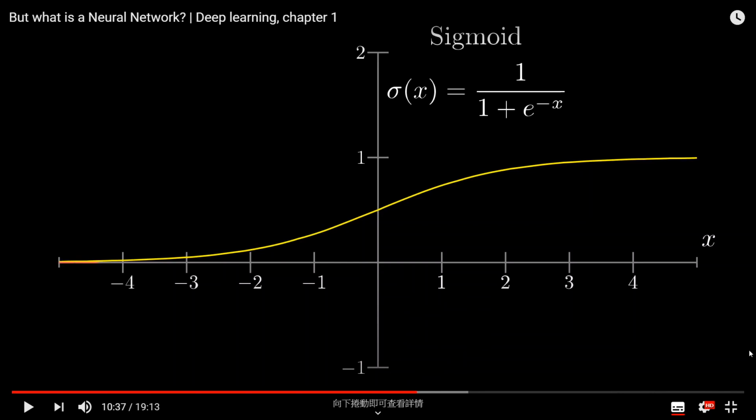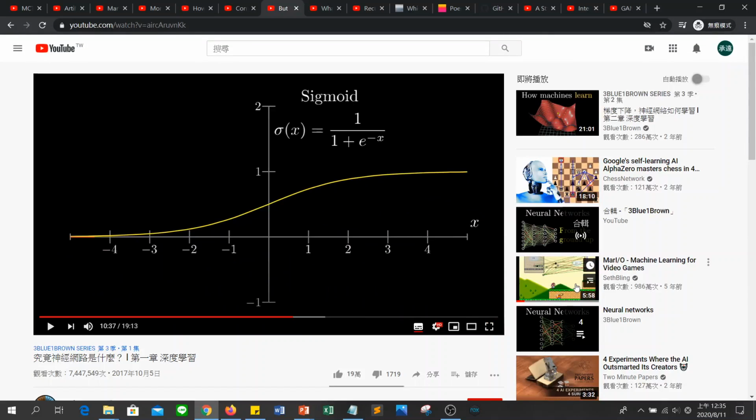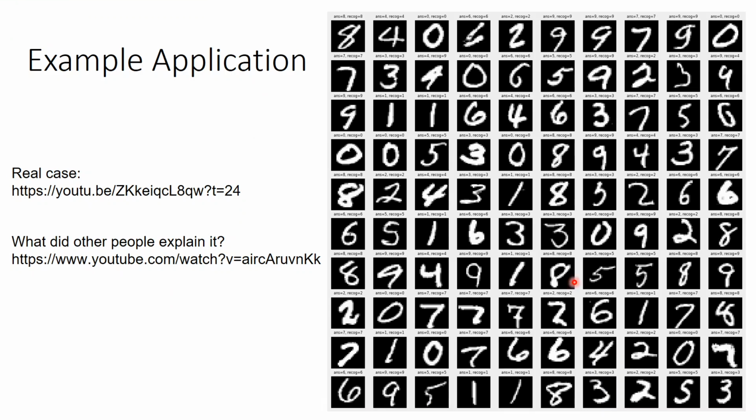And the left part is about the mathematics, like how this sigmoid function works, and how we can change the value of the weights or the other parameters. So if you have an interest, you can see the left part by yourself. And let me go back to the slides.